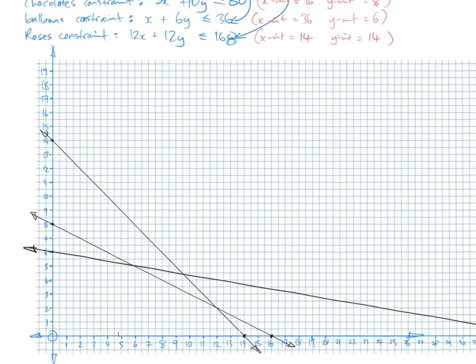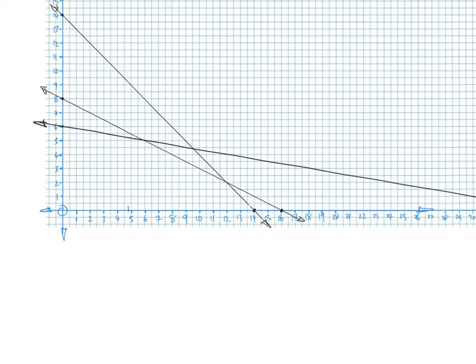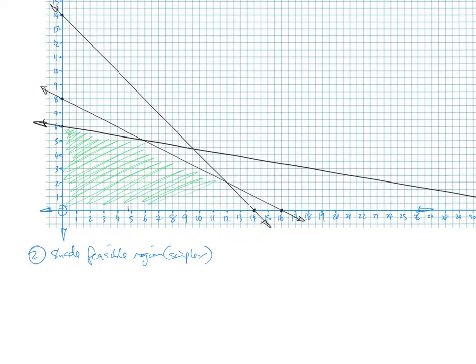Step 2 is shade the feasible region, or the simplex. I'll do that in green. It's less than or equal to all of these lines, so it's going to be underneath. It's going to be down here.